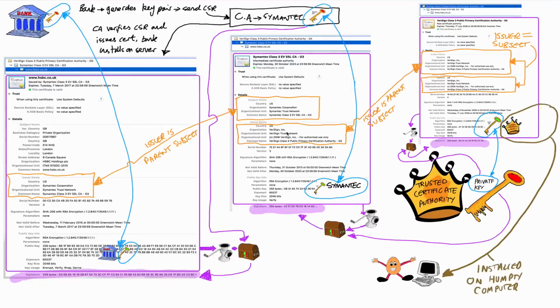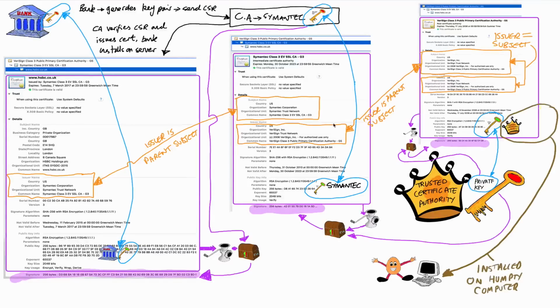Now, the reason I say that is because once again, I could easily generate my own SSL certificate with these details here, the corporation, blah blah blah, and I can include my own public key that doesn't belong to Symantec, it belongs to me.